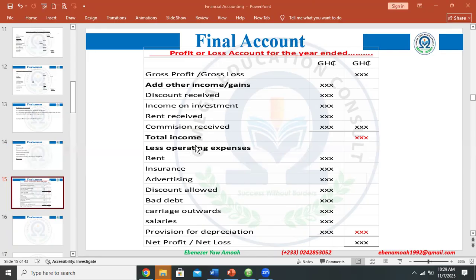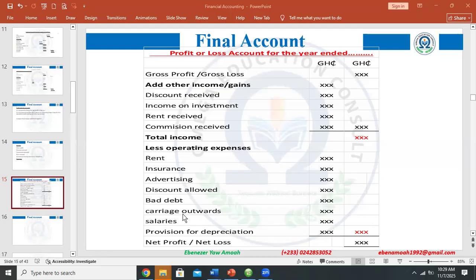So you come to less expenses and you less the rent, insurance, advertising, discount allowed, bad debt, carriage outwards. In fact, this carriage outwards, there's a multiple choice question around it. Okay, so take note of it. You know that carriage inwards is in the trading account and carriage outwards is in the profit and loss account. So note that. Why? Because you know they are all expenses. So carriage inwards and carriage outwards, they are all expenses.